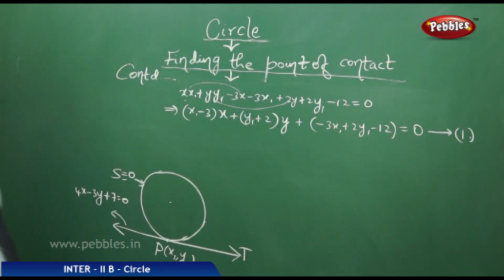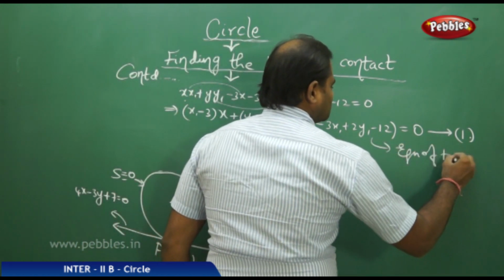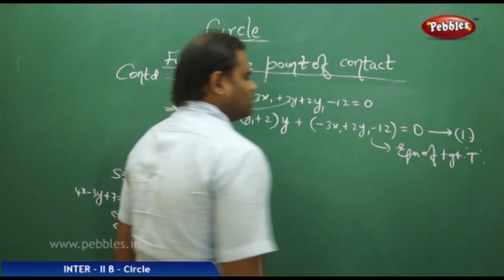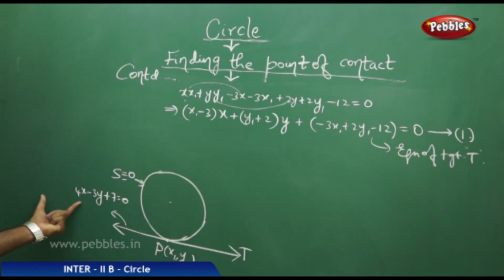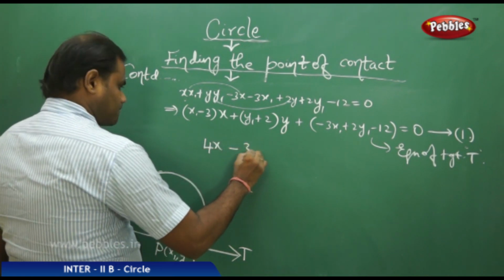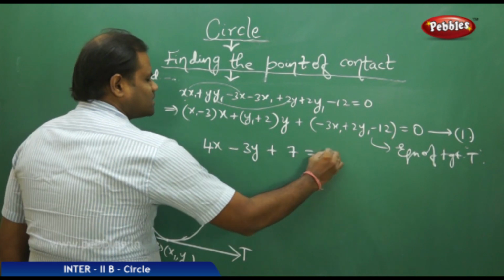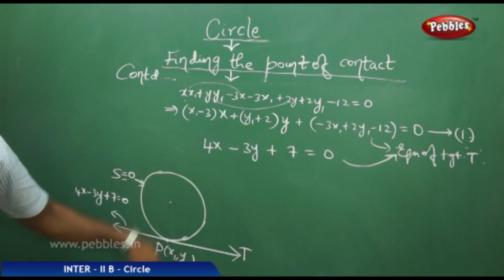Now this is the equation of tangent T obtained using the formula S1 equal to 0. But the equation of tangent is already given to be 4x minus 3y plus 7 equal to 0, which is also the equation of the same tangent T.